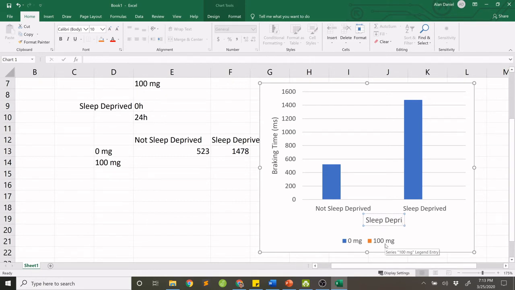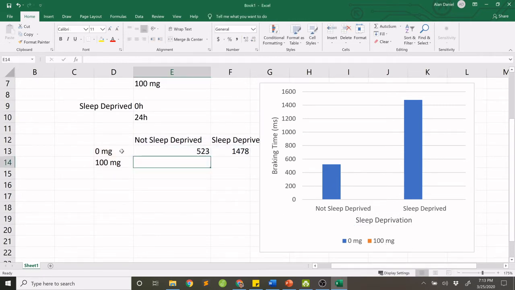Okay. Now, what happens in our caffeine group? Well, you might see that if they're not sleep deprived, giving them caffeine probably doesn't affect their performance that much.